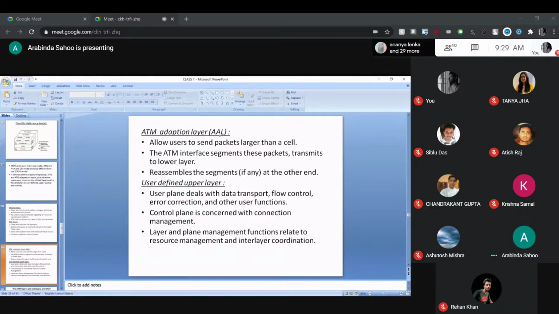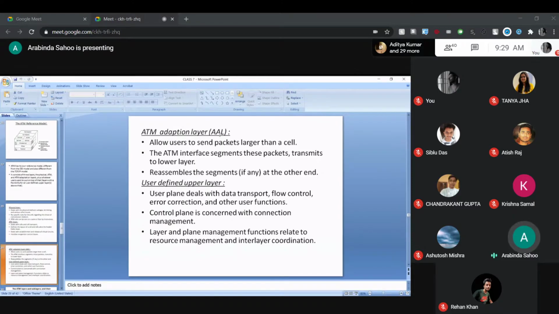The AAL, or ATM adaptation layer, allows the user to send packets larger than a cell, because most applications do not want to work directly with the cell. Depending upon the application, the cell size may be different.